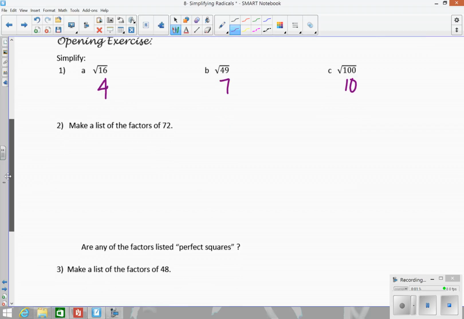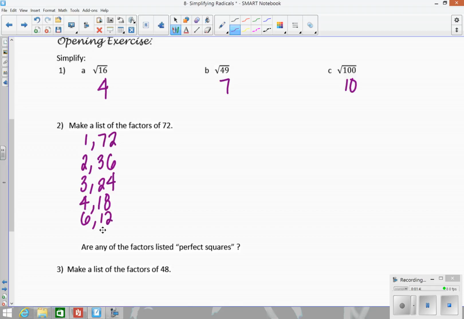The next part here is asking you to make a list of the factors. Remember, factors just mean what numbers multiply to 72. So we can start with 1, so 1 times 72 would equal 72. 2 would be the next one, times 36. 3 times 24. 4 times 18. 5 doesn't go into it, so 6 and 12.